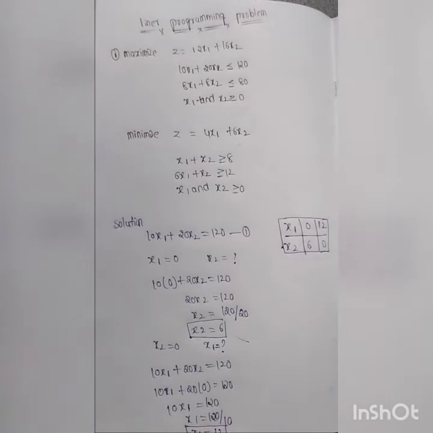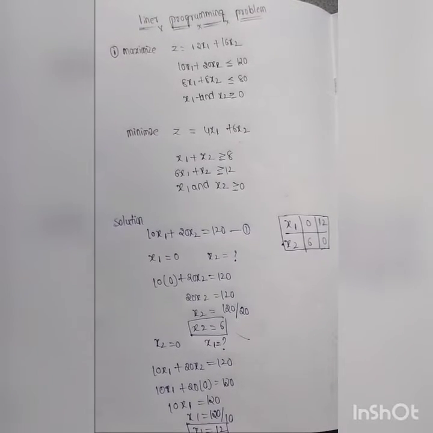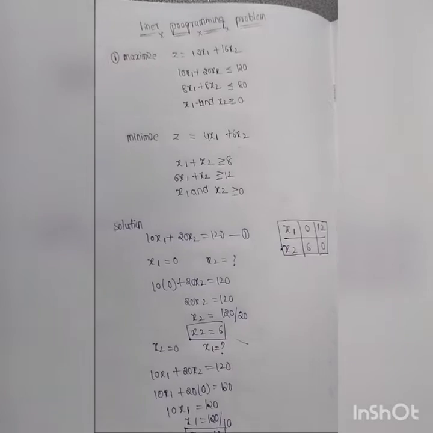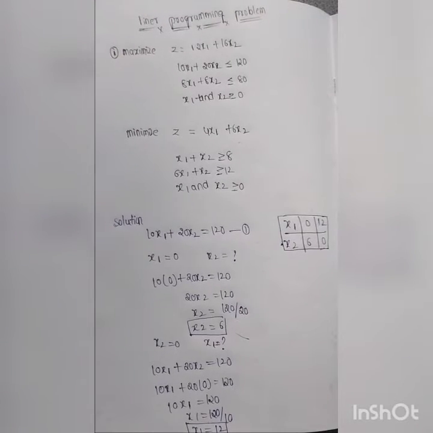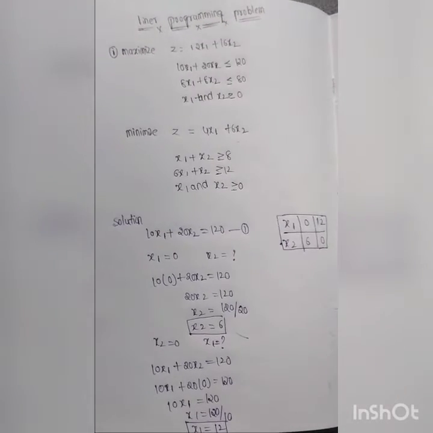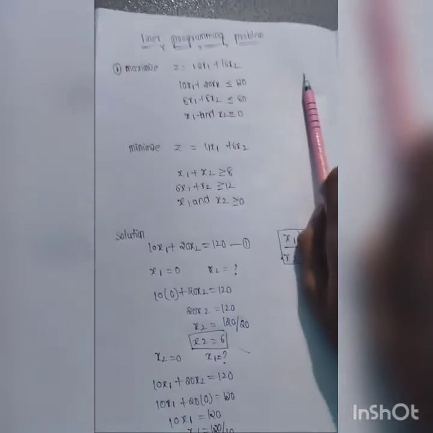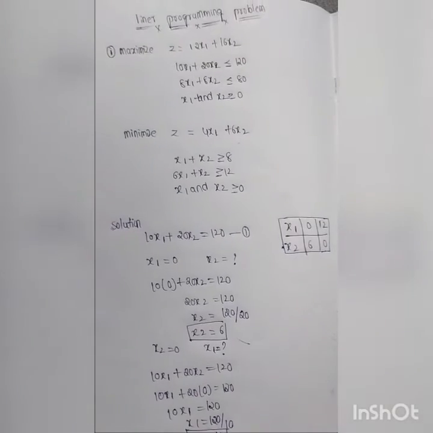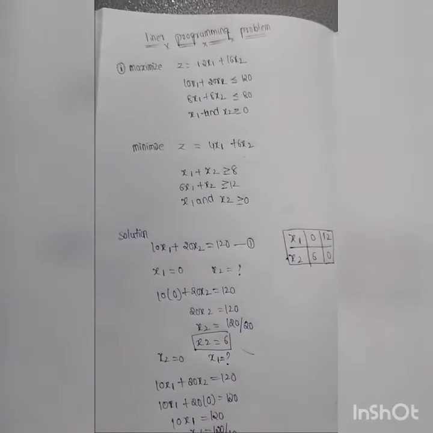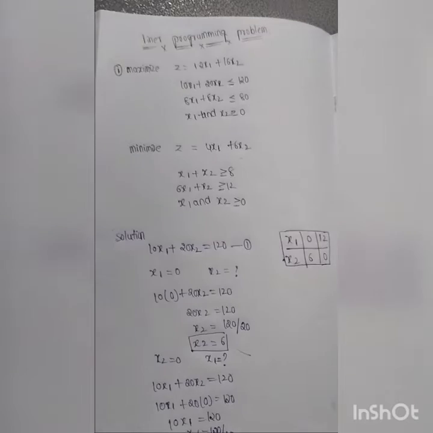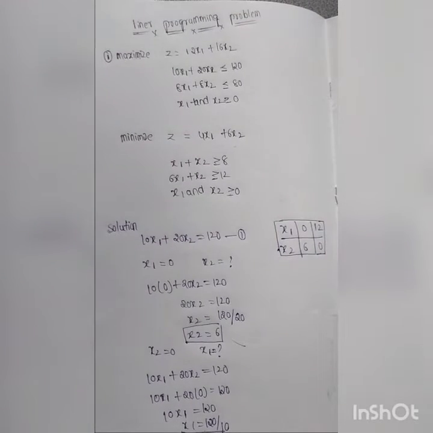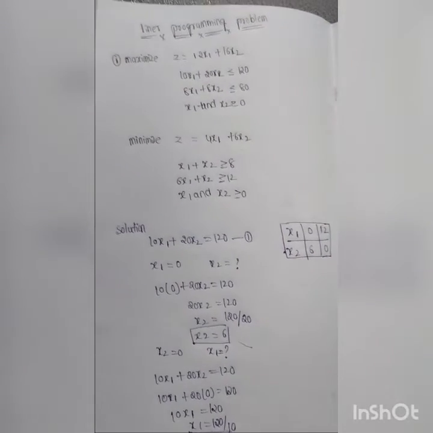These are the different methods available, but graphical method is applicable only to two variables. If you have more than two variables, graphical method is not suitable. Here I am going to explain minimization and maximization. First we will discuss maximization.